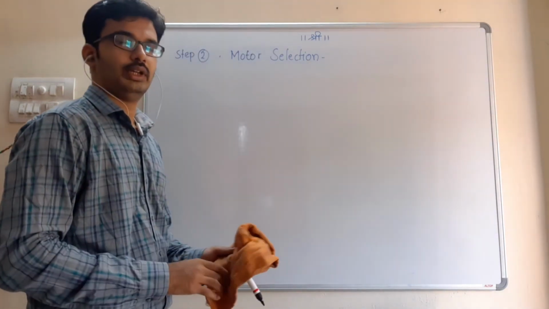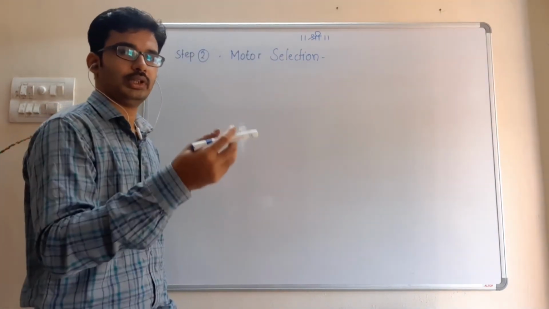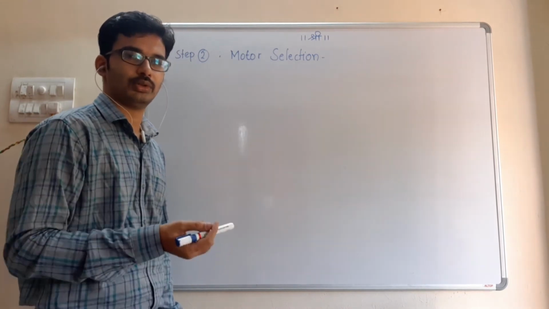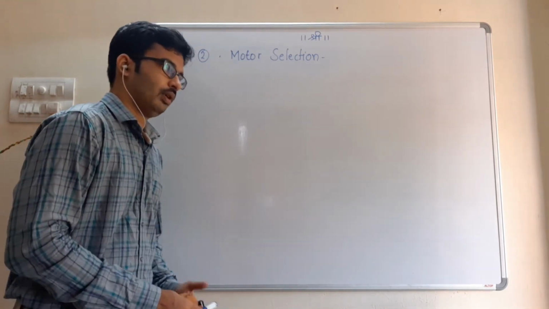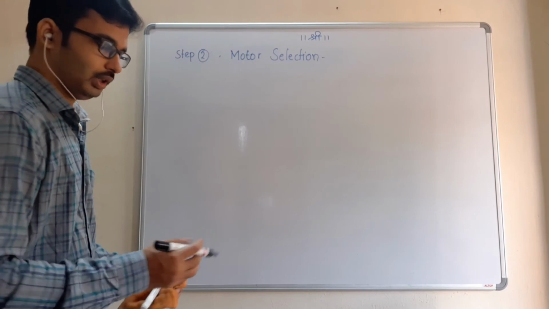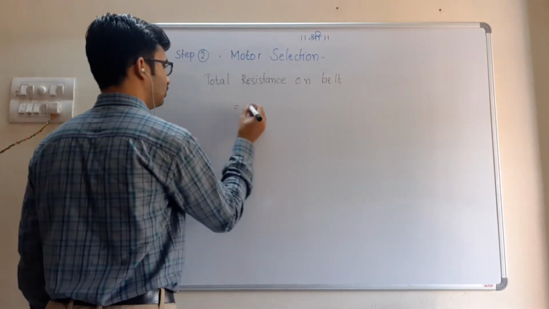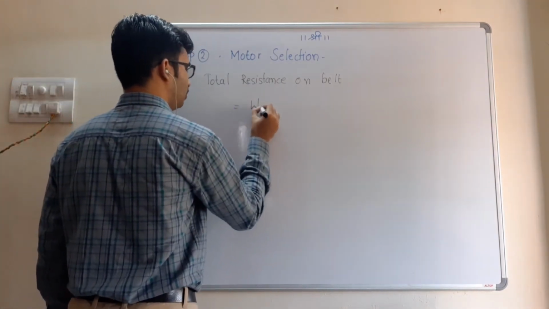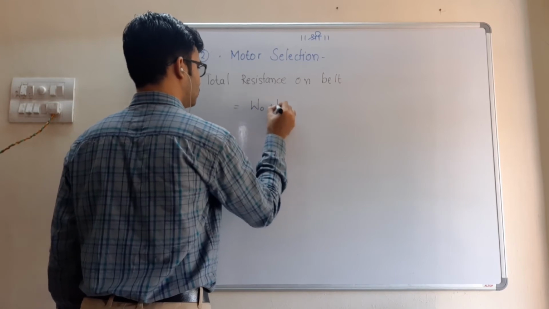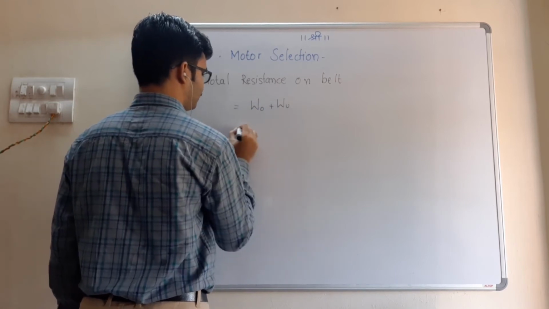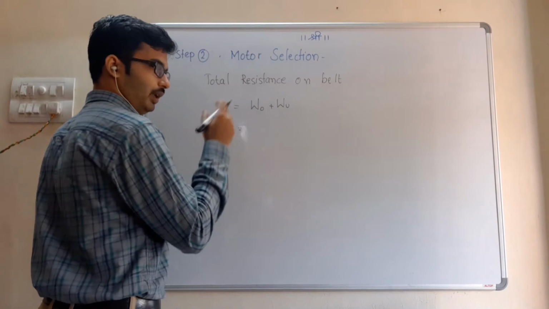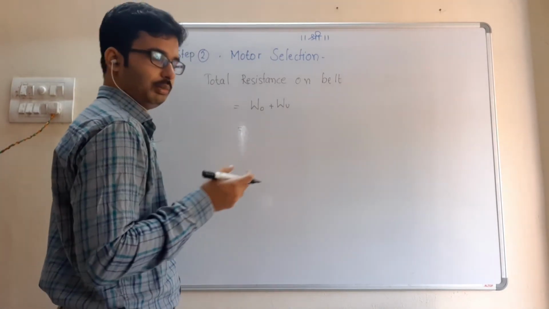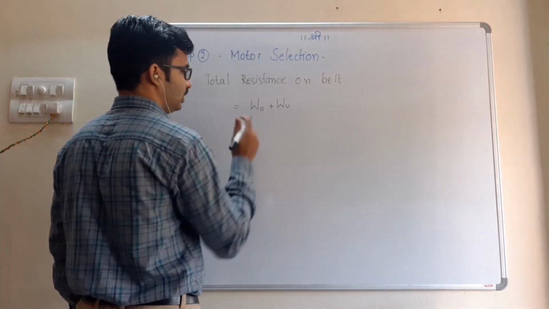Now we have calculated the resistance on the top run and resistance on the bottom run also. So total resistance on the belt is equal to WO plus WU. When we add WO and WU, we will get total resistance.